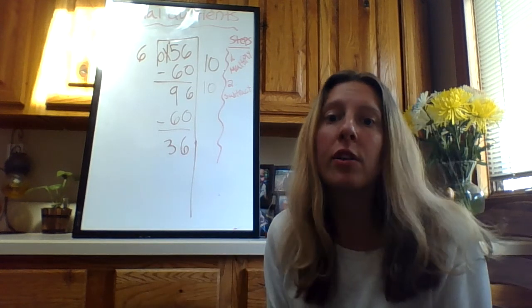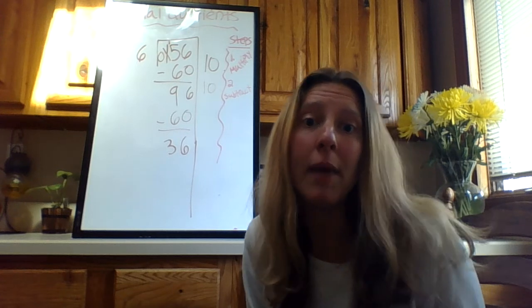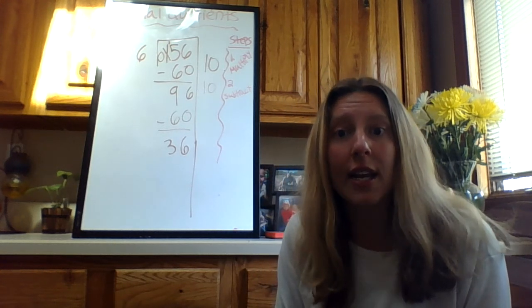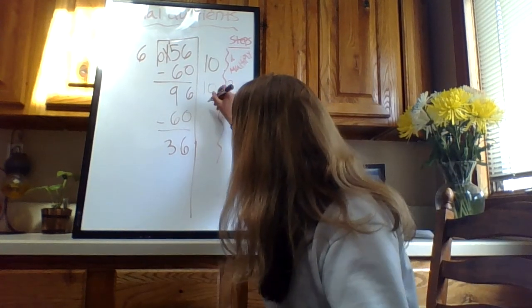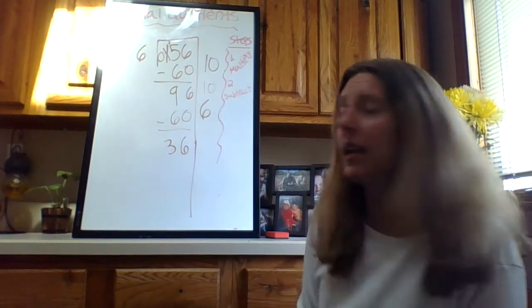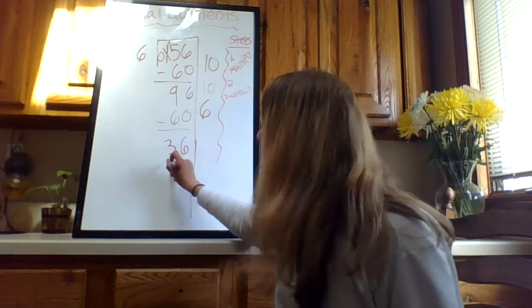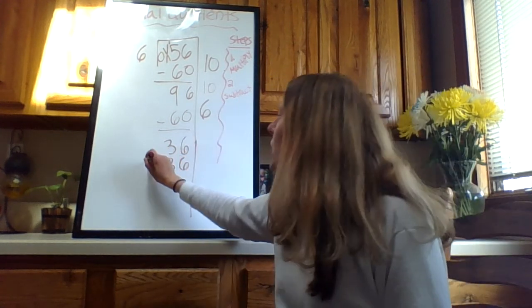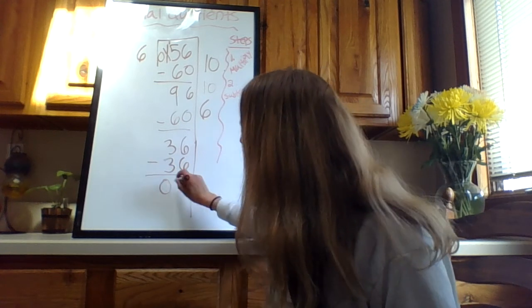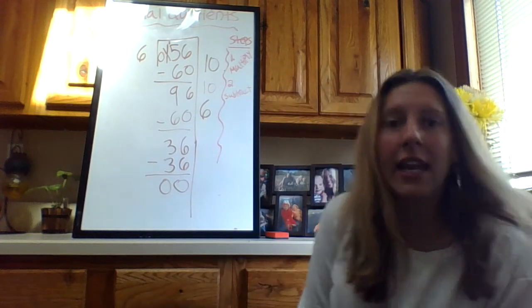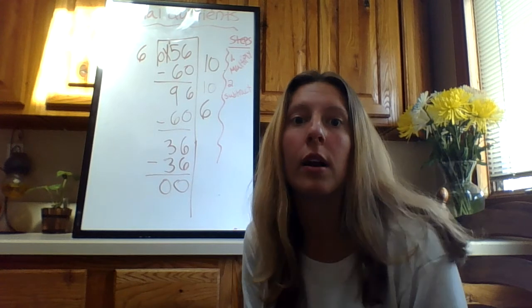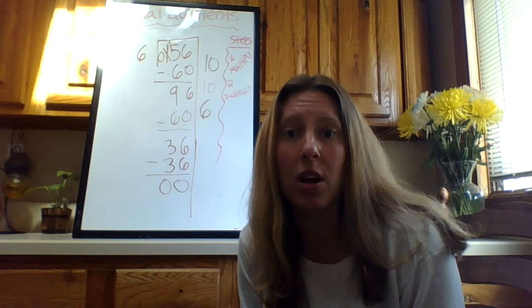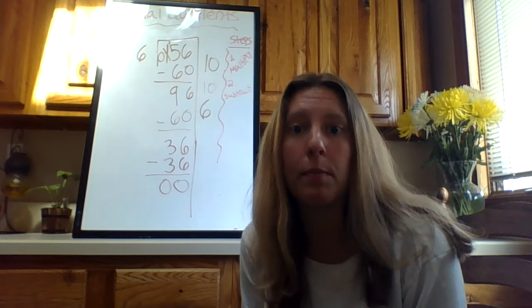So those of you that know your facts might already know right now that 6 times 6 is 36. So we could write 6 on the side. 6 times 6 is 36. Now I'm going to subtract. And I get nothing left over, which means we can evenly divide 156 cards between 6 people.